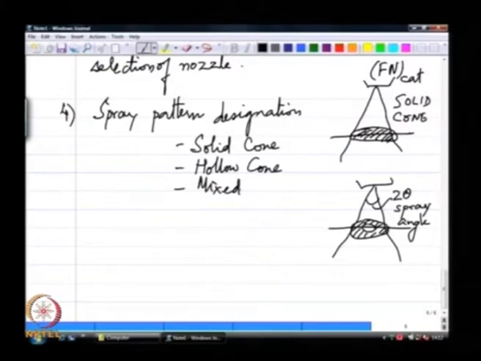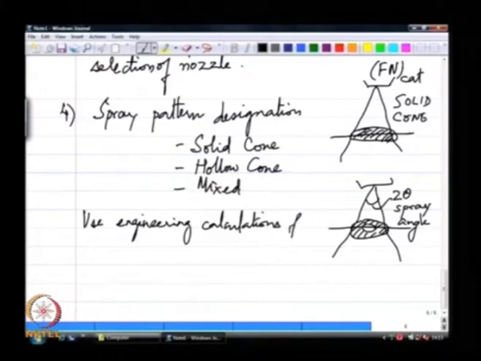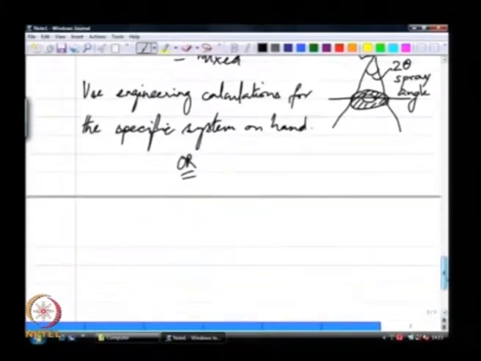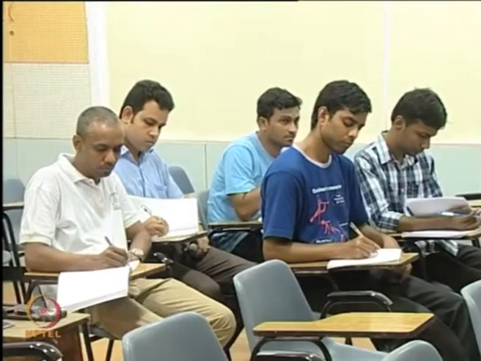So, the way to select pattern, one, use some sort of engineering calculations for the specific system on hand, to make sure you are able to get enough penetration of the air into the spray, or if it is a combustion application, try and see how the combustion would be shaped by a given kind of spray.